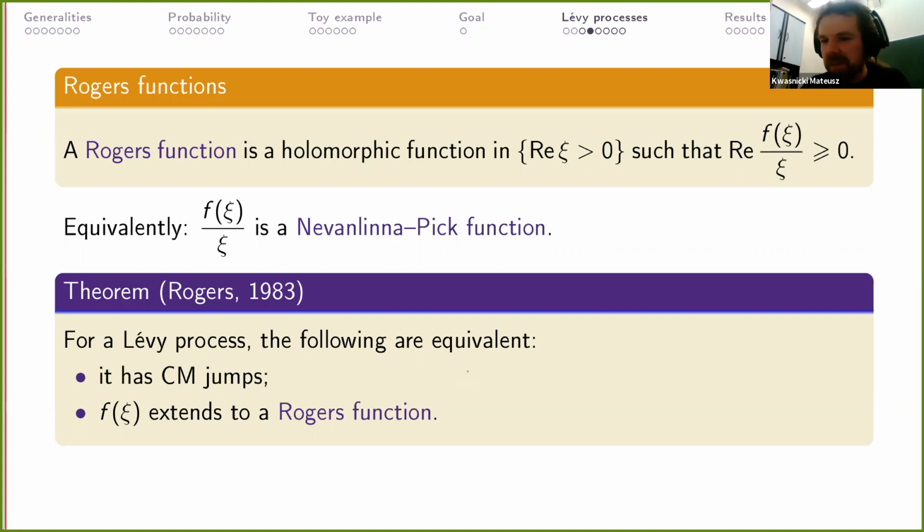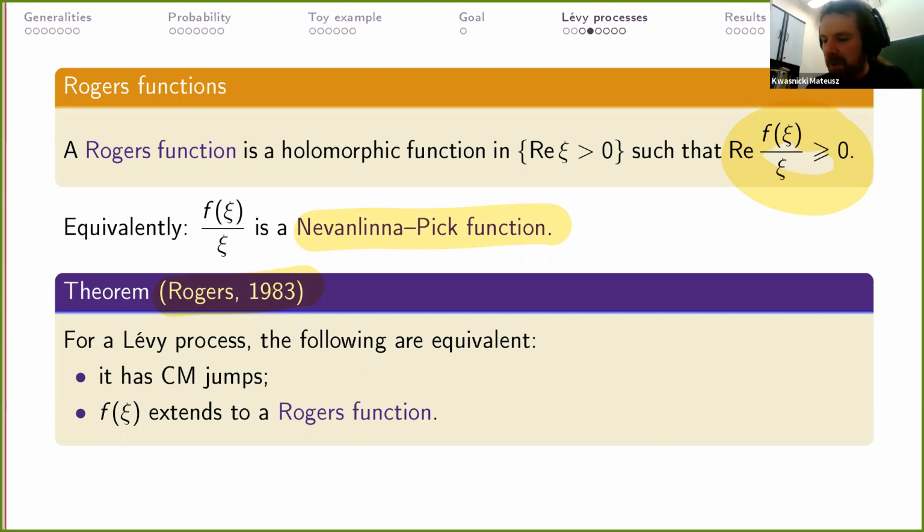Namely, they turn out to extend to the right complex half plane and satisfy that property. The real value of f divided by psi is non-negative. That means that f over psi is a Nevanlinna-Pick function. But it's actually convenient to have a name for that. And since this was studied by Rogers in 1983, I suggest that we call these kind of functions Rogers functions for short.